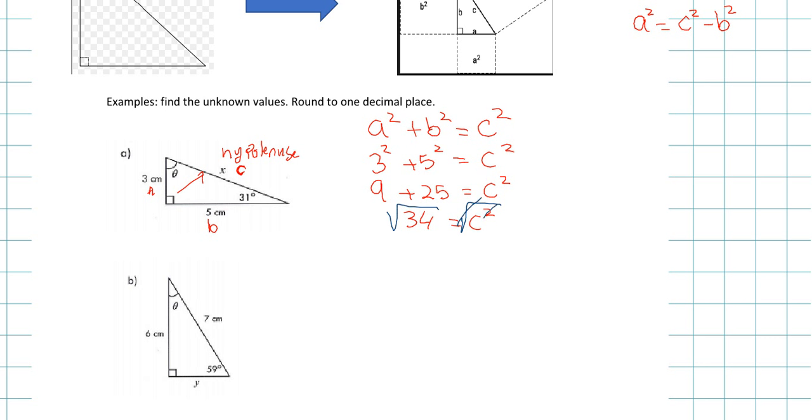What is it? 5.83. Because I need it to one decimal place, that's going to be 5.8. Make sure that you're rounding properly, right? And that's going to be centimeters because my units are centimeters. Okay? So don't forget to square root your answer.